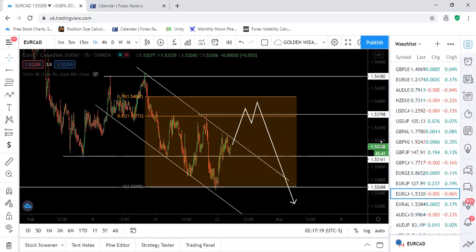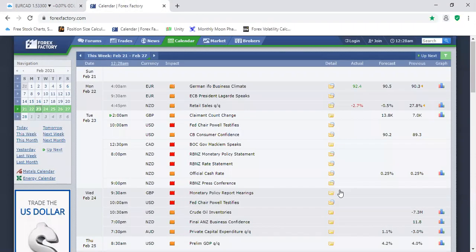So I kind of just wait and see how price reacts with these annotations. I do kind of like this structure. I do have CAD news coming in today, so I'm gonna keep an eye on that. Matter of fact, I'm gonna do some CAD analysis after this video because we do have CAD news incoming.